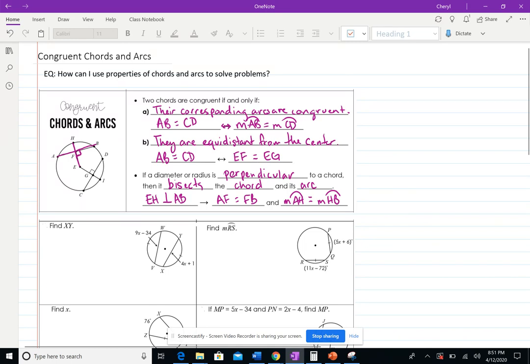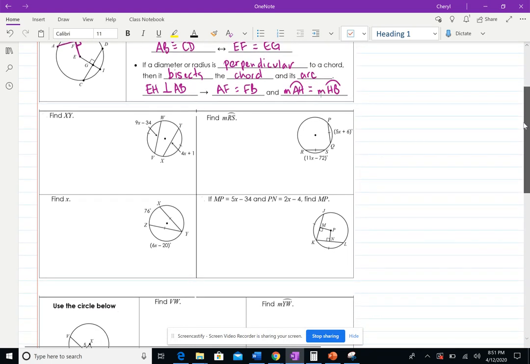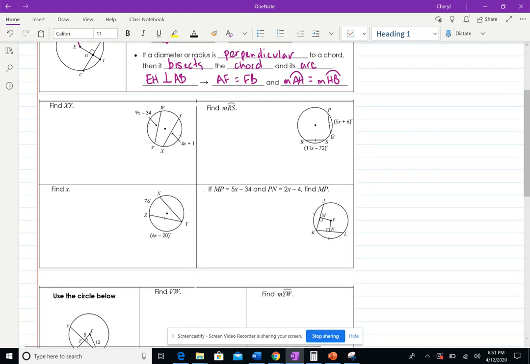Okay, so let's go ahead and solve some problems using these properties. I'm going to do the left side and I'll leave the right for you to complete. We're going to do 1 and 3 together now.